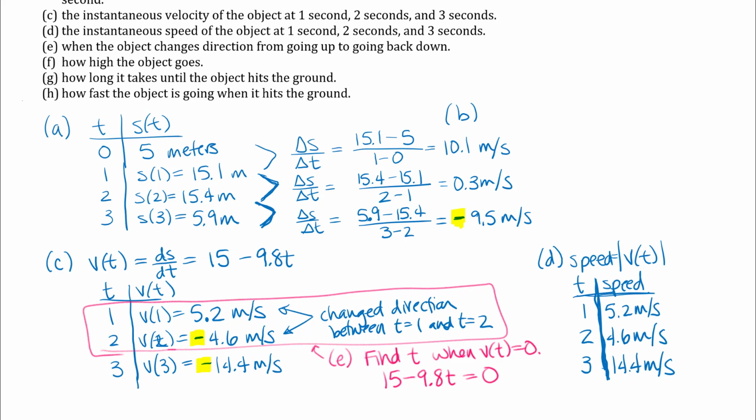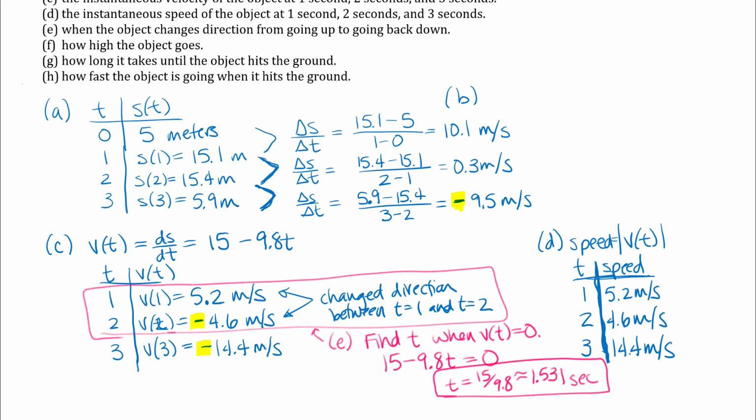So I'll subtract 15 and divide by negative 9.8, and I'll get t equals 15 over 9.8, or if I want a decimal approximation for that, about 1.531 seconds. Okay, part F asks us how high the object goes.